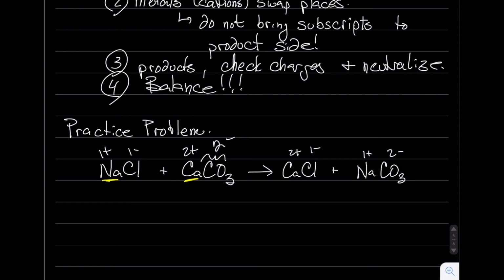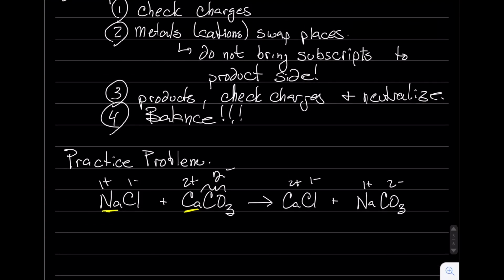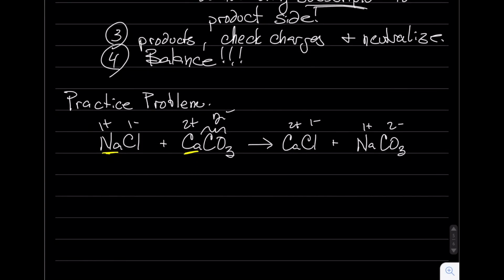I want to talk really quickly about, I said do not bring subscripts to the product side. However, even though that's a subscript, carbonate is all one thing. You need that subscript because carbonate is CO3. Next, for step 3, we need to check charges and neutralize. We're good on the reactant side. Those were already neutral.